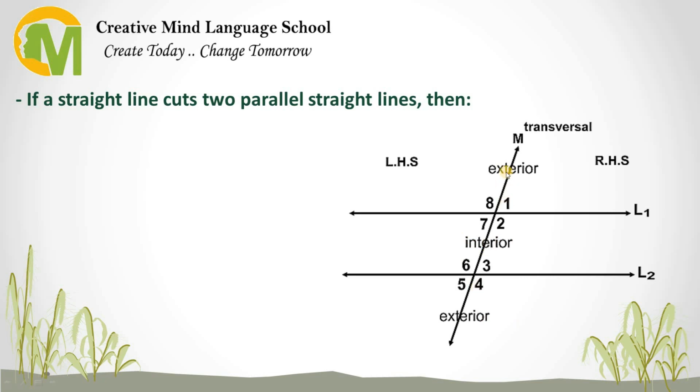It's clear from the drawing that the transversal makes 8 angles, as shown here from angle 1 to angle 8.